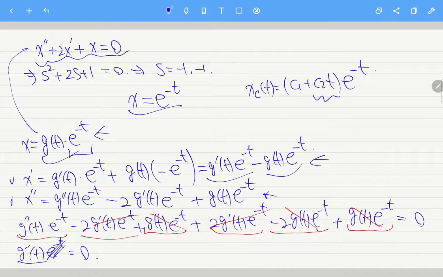So take the integration, we will have g prime of t to be a constant, call it c2. And then integrate it again. So we have g of t equals c2 t plus c1, which is actually a first order polynomial.